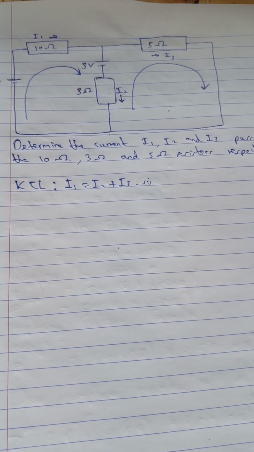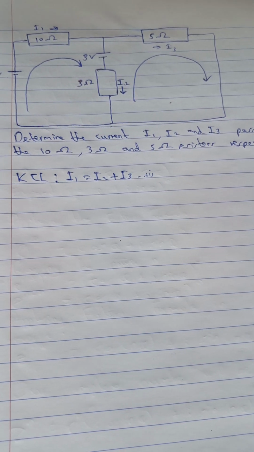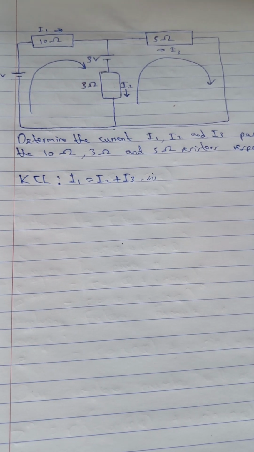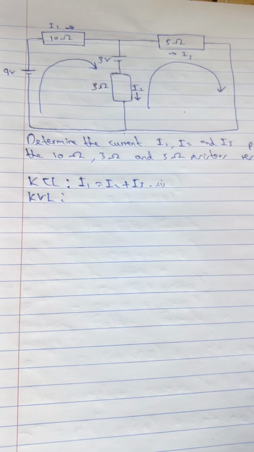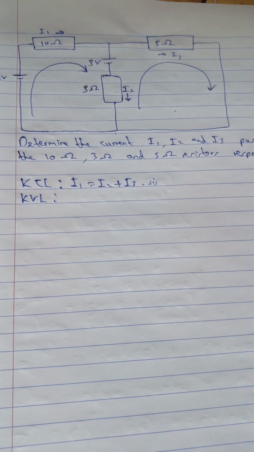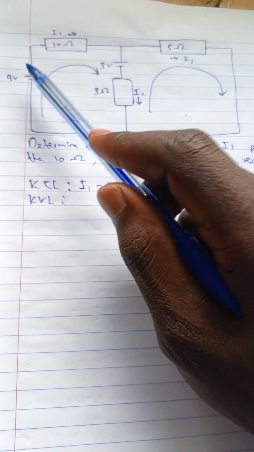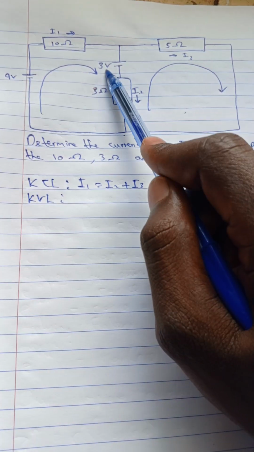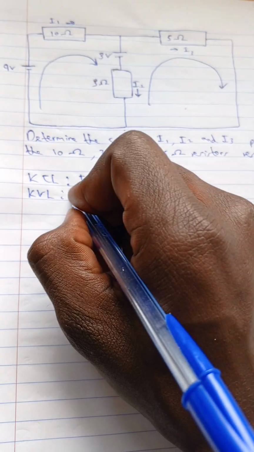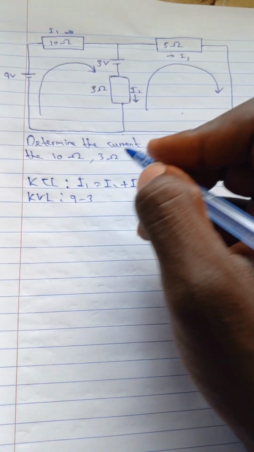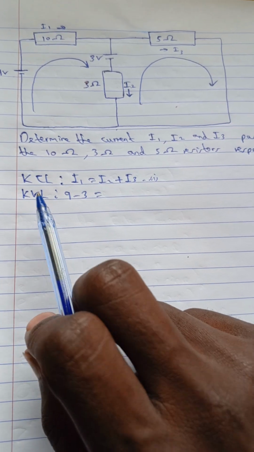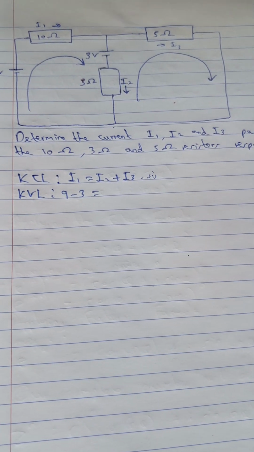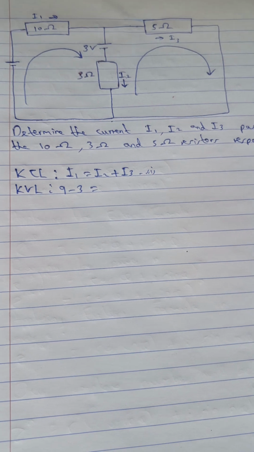Then we can shift to the Kirchoff's voltage law, KVL. The difference between these two voltages, the 9 and the 3. So we can say 9 minus 3, it will be the application of the KVL.